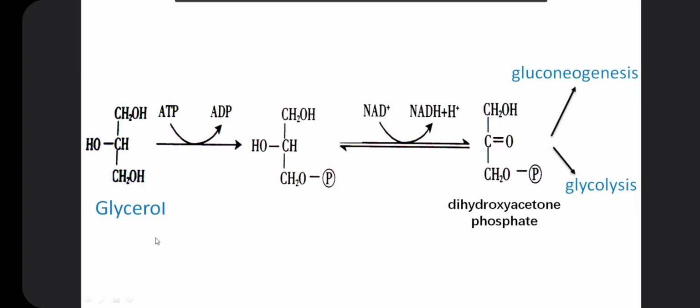The glycerol can be phosphorylated and oxidized to dihydroxyacetone phosphate, and this dihydroxyacetone phosphate is an intermediate in glycolysis. In the liver, during fasting and starvation, the glycerol can be converted into glucose by the gluconeogenesis pathway. But this cannot happen in adipose tissue.